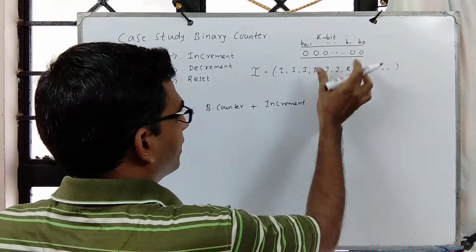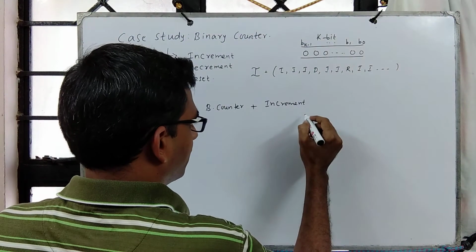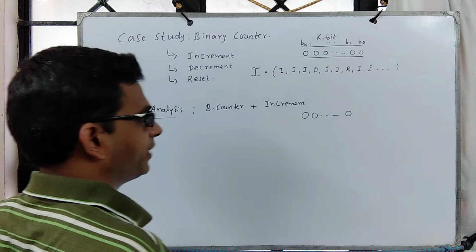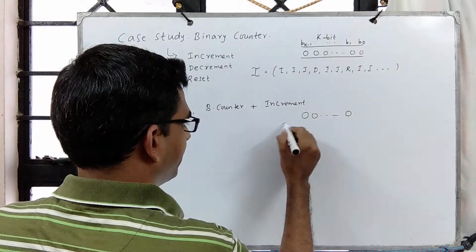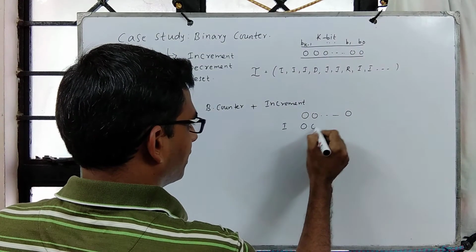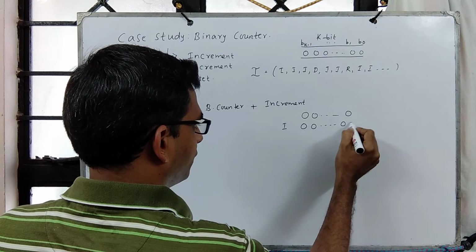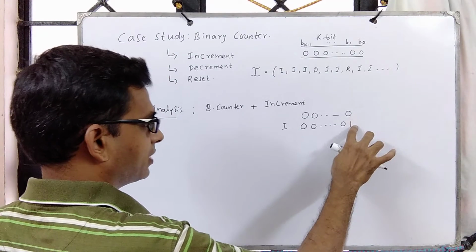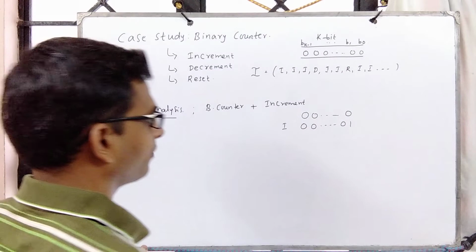So it's a k-bit counter. Suppose the configuration is this. When we perform increment, we get 0 followed by 1. So 1, 0 is changed to this.